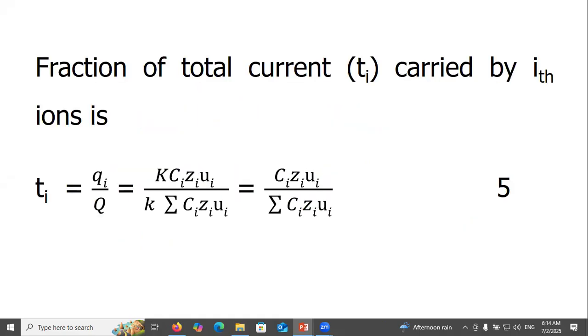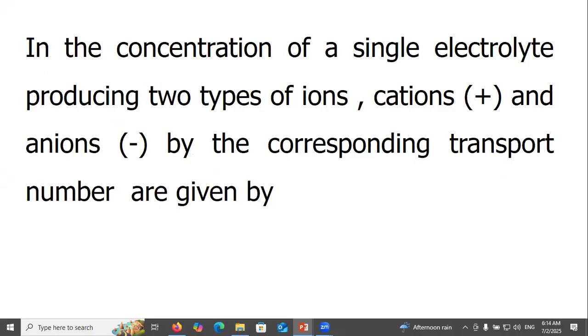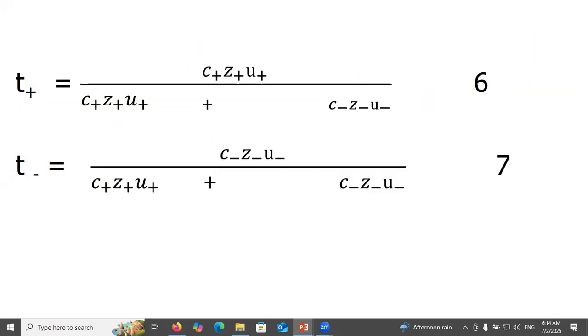Fraction of total current carried by the ith ions, Ti equal to Qi over Q. For a single electrolyte producing two types of ions, cations and anions, the corresponding transport numbers are given by T plus and T minus.